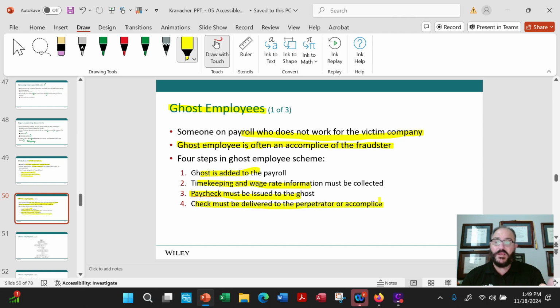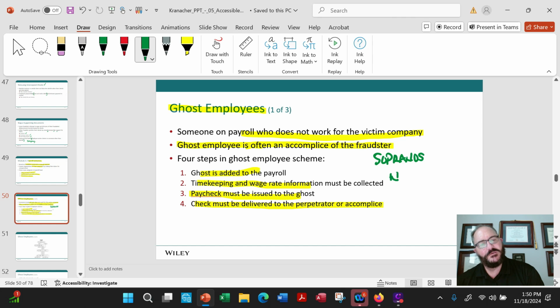But they're not actually working. They're just collecting additional money from the company. By the way, this is TV show stuff, but if you ever saw The Sopranos, they were always talking about no-show jobs.